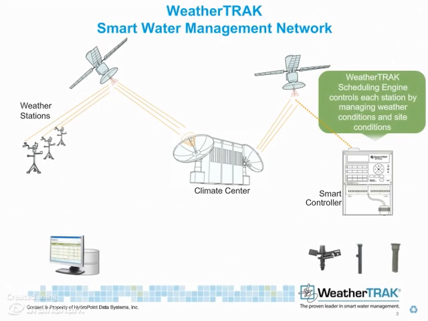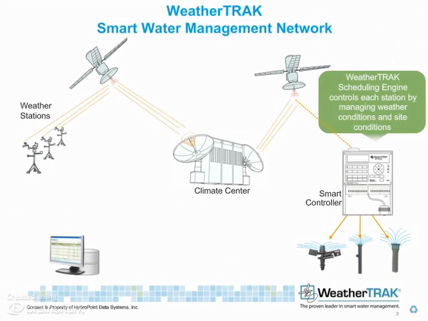However, if those stations do need irrigation, the WeatherTrack scheduling engine decides how much irrigation needs to be applied and how best to apply that irrigation to deliver the most effective and efficient runtime. Now we have the answer to our first training question. How does a WeatherTrack controller receive and use weather information?